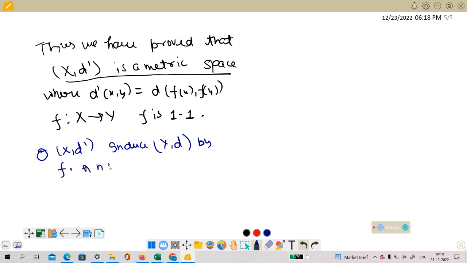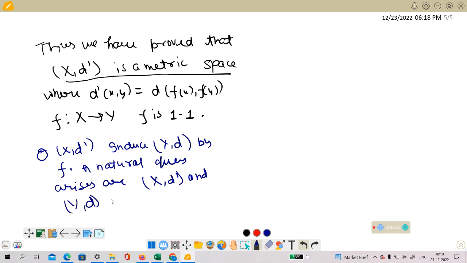A natural question arises: are (X, d') and (Y, d) equivalent metrics? What property does this share? These are natural questions.